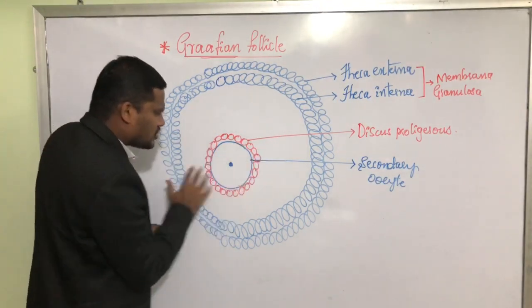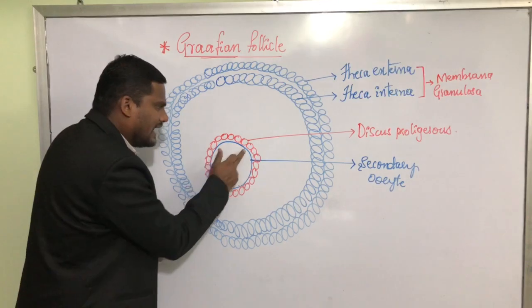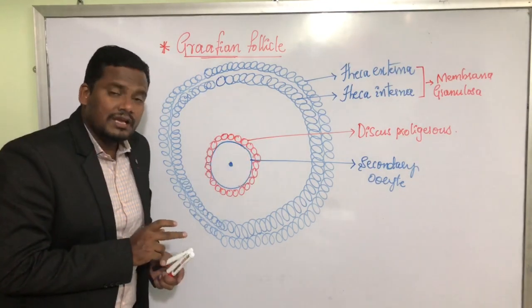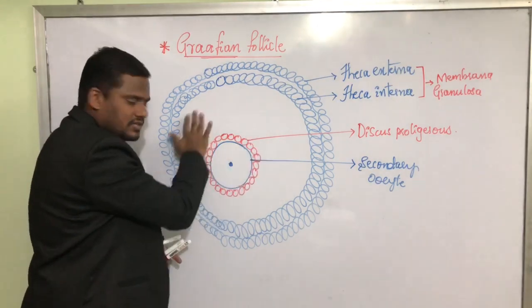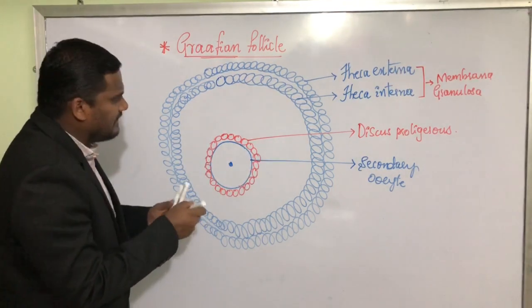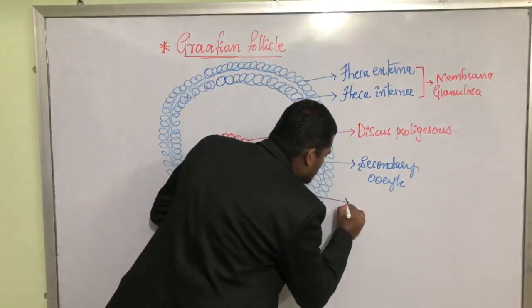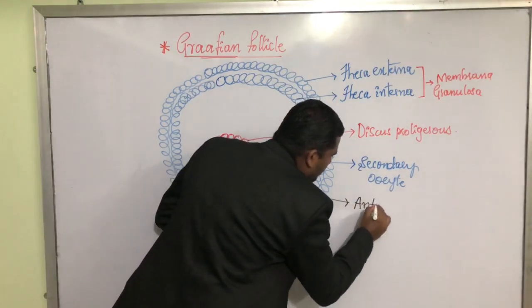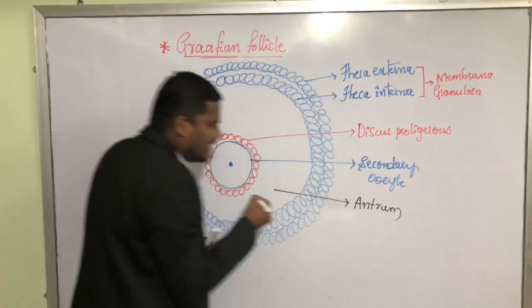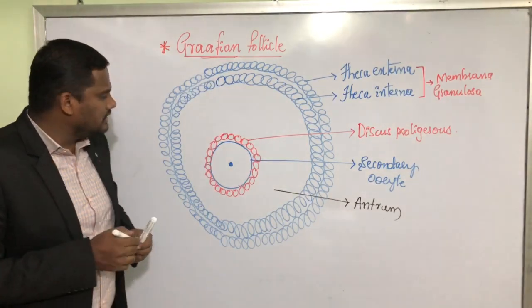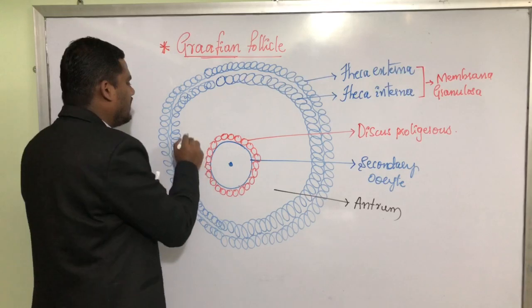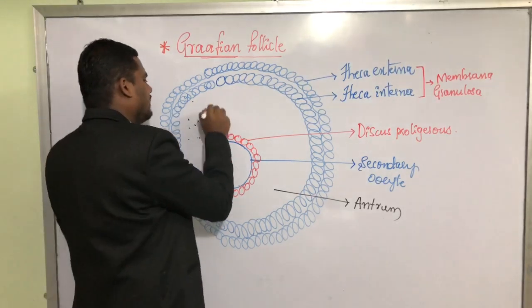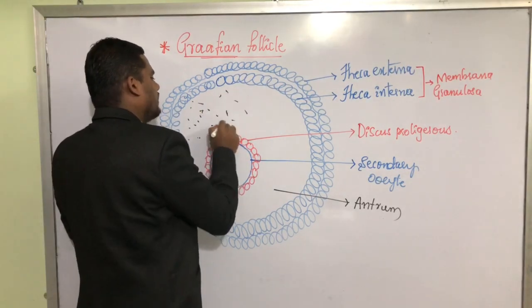This entire structure, the secondary oocyte and the discus proligerus, is present in a cavity. This is a cavity, a free space. This cavity is called the antrum. This antrum gets filled with a fluid, a liquid.